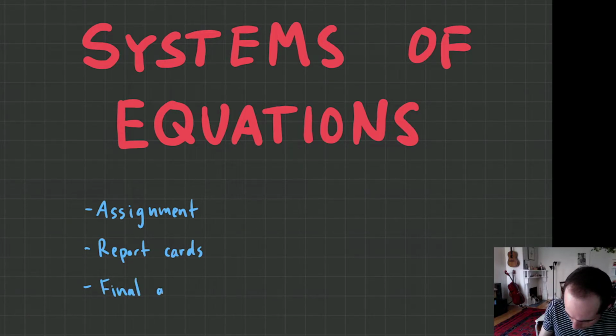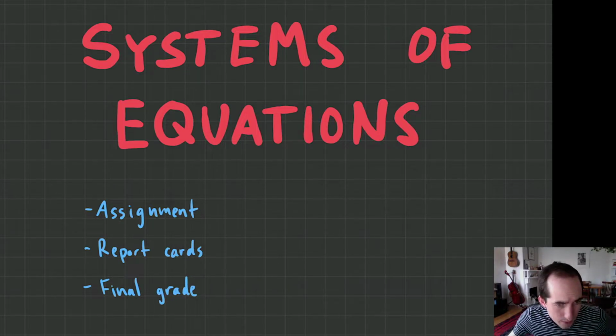Final grade. Okay, and what I'm going to do is bring up the syllabus, Grade 9 Advanced. Give me two seconds. I just have to pull up my email so I can get that Grade 9 syllabus.